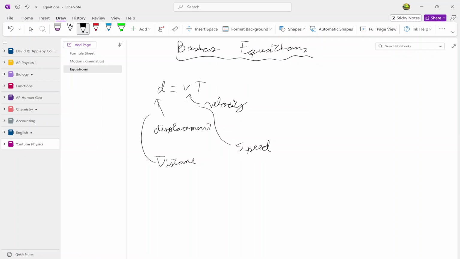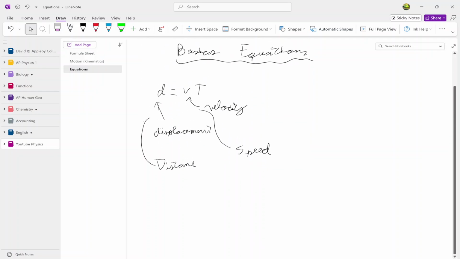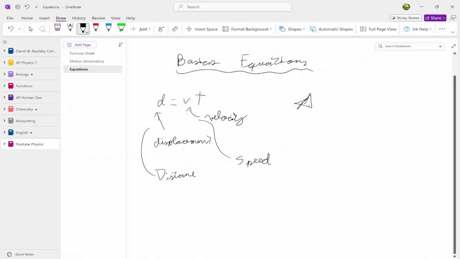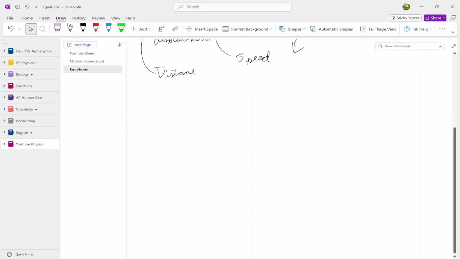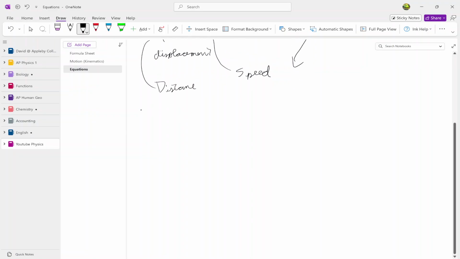But all this just means is that, let's come up with an example question for this, using this equation. Here, I'll use numbers.